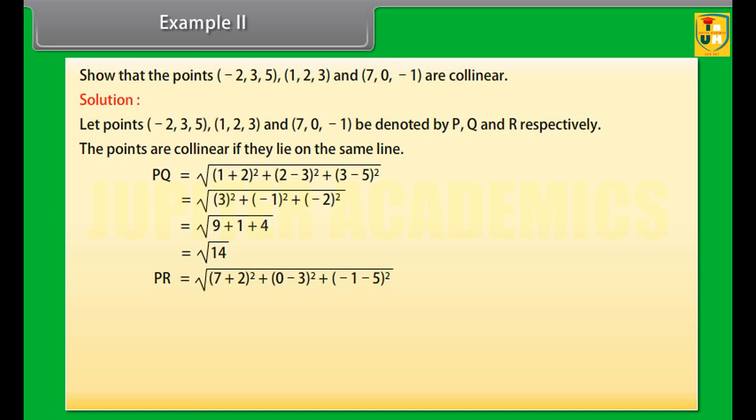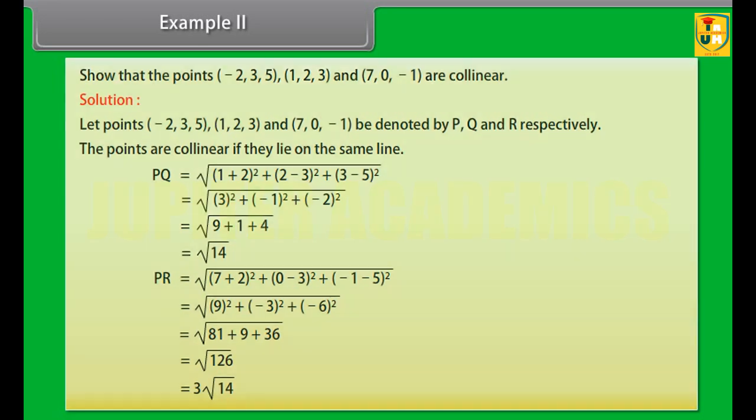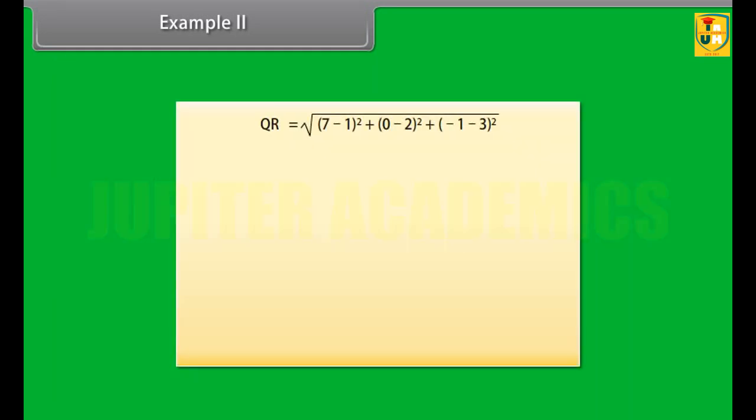PR is equal to the square root of (7 plus 2) square plus (0 minus 3) square plus (-1 minus 5) square. After calculating PR, we get 3 into the square root of 14. QR is equal to the square root of (7 minus 1) square plus (0 minus 2) square plus (-1 minus 3) square.